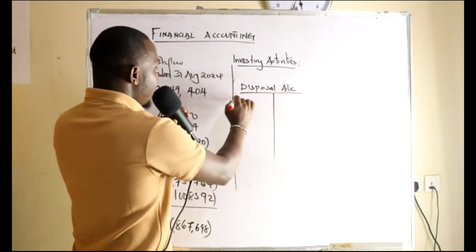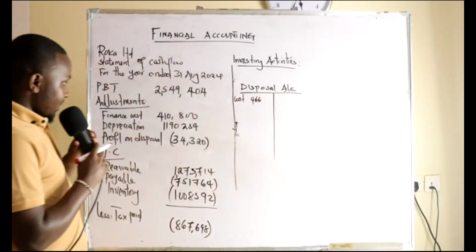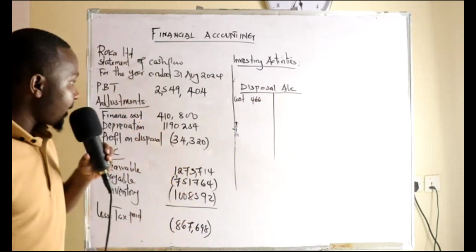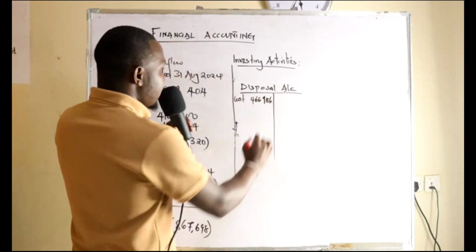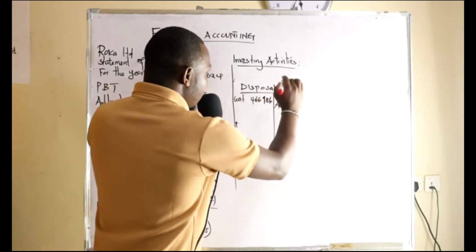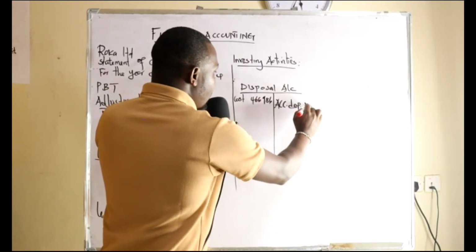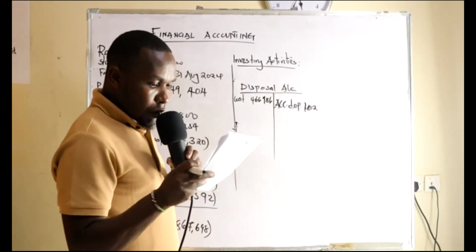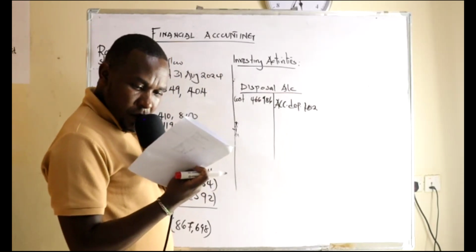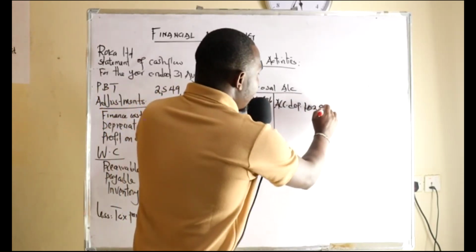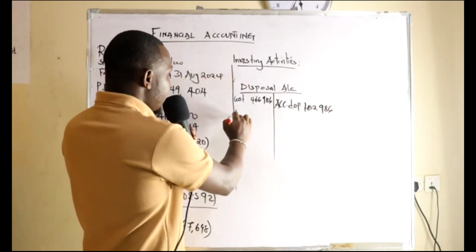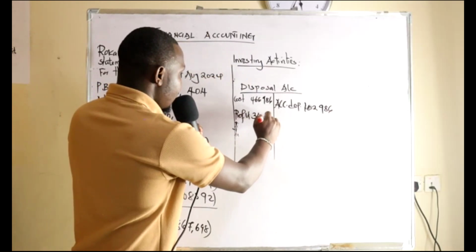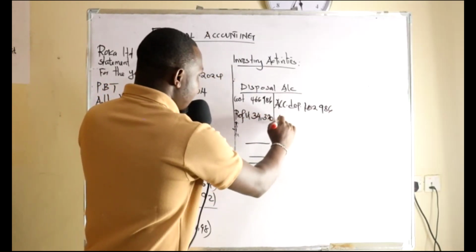We have the asset disposed, the cost, which is 466,986, and the accumulated depreciation, which is 102,986, and then the profit, which I have here, 34,320. So the balancing figure, which will be on this side, is the cash.